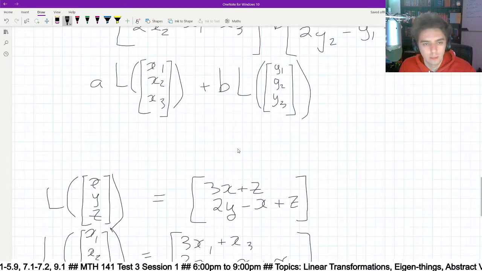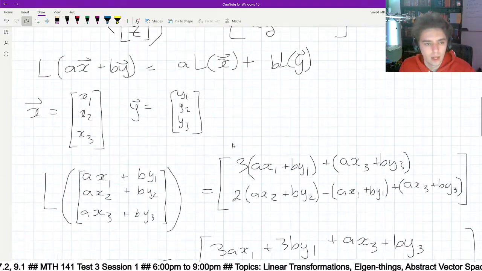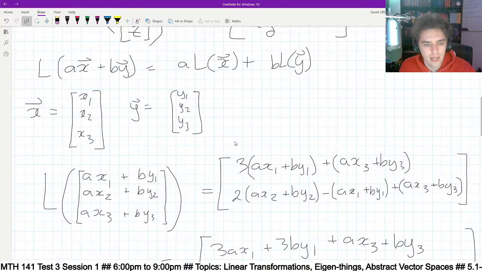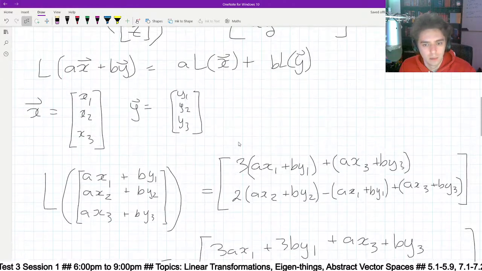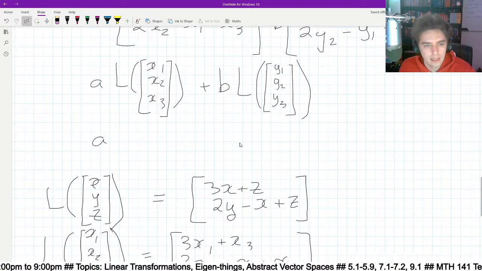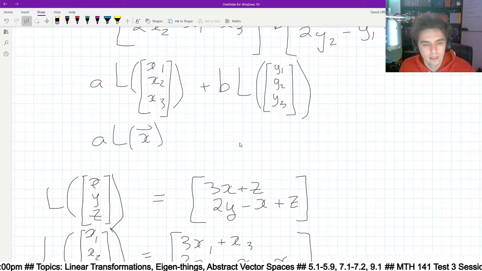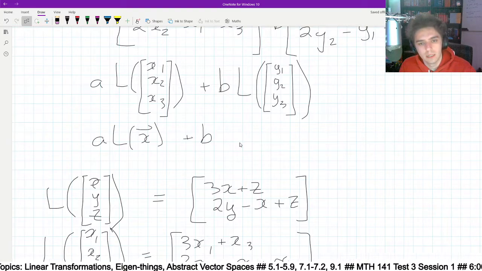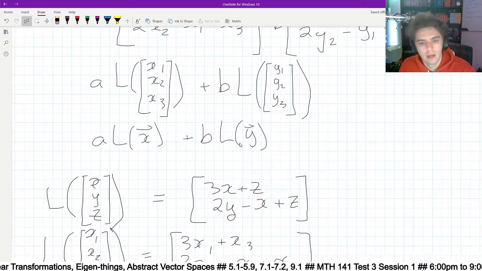And one more step: up here I defined the x vector as that and the y vector as that, so I can write this as a times L of x plus b times L of y.